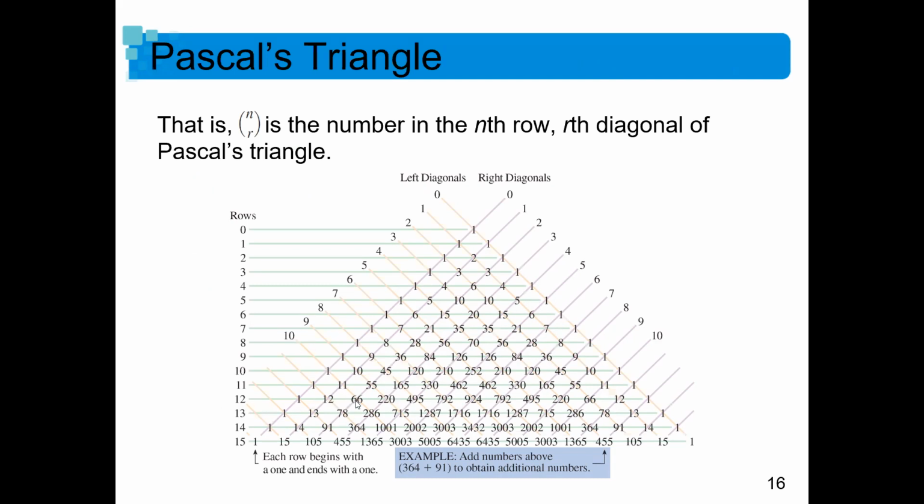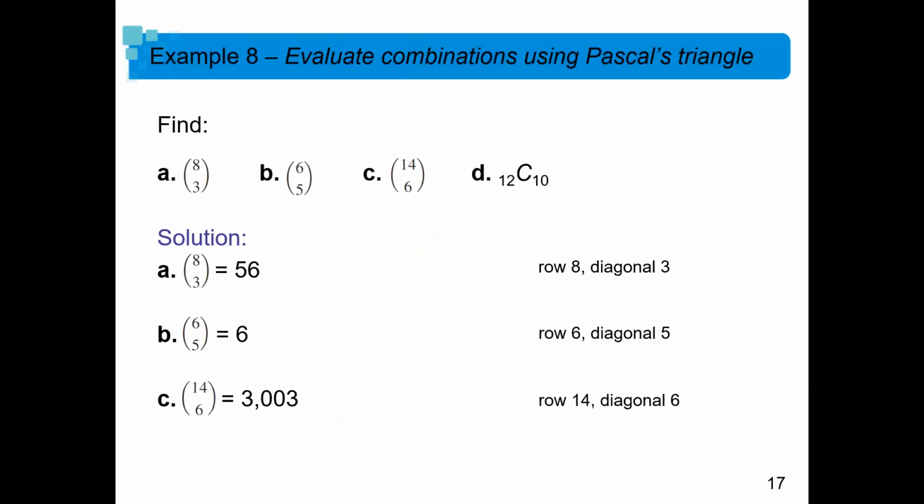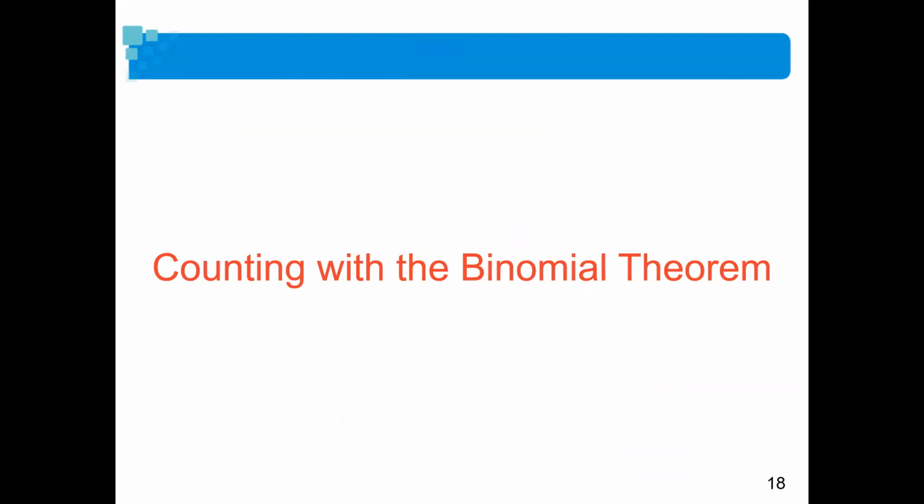They intersect at 66. But if you also check out the right diagonal, they also intersect at 66. So I guess if you have a Pascal's triangle handy, you can easily answer combinations. But again, the formula I believe is easier in general.